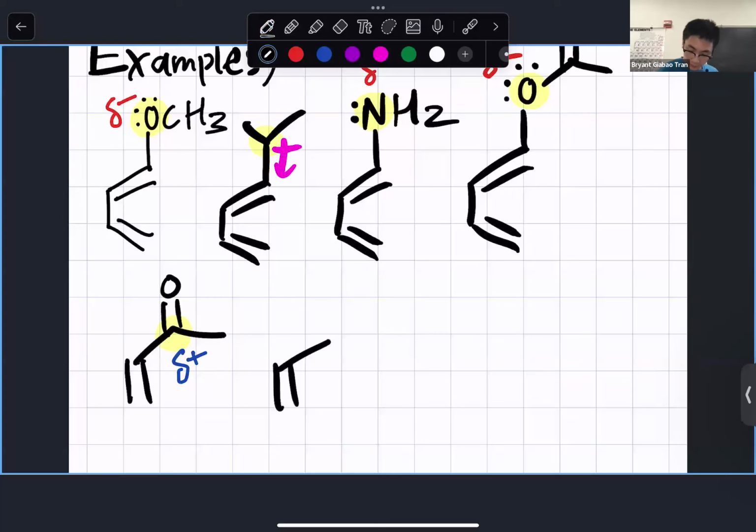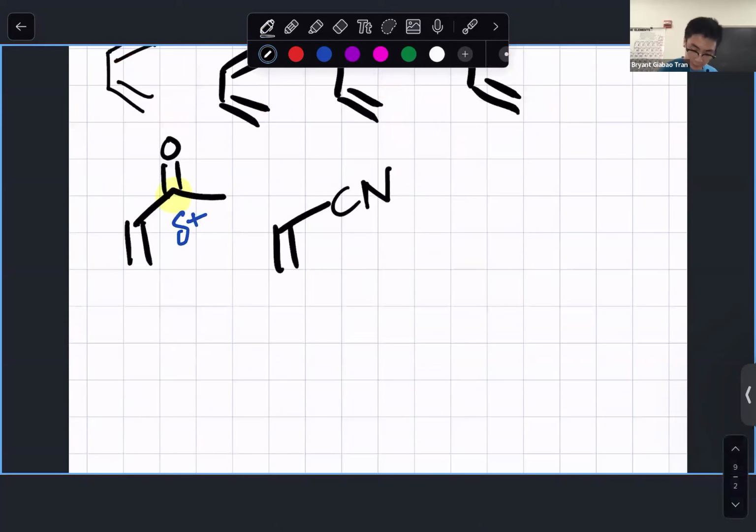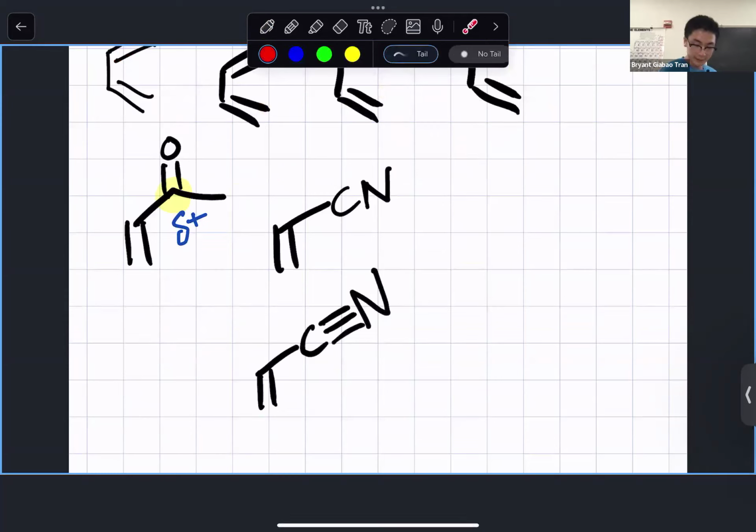Another thing that you can see is CN, nitrile, which looks like this, a C triple bonded to nitrogen. This C is also partial positive, and it has 2 pi bonds to nitrogen. So that will also withdraw electrons from the dienophile.